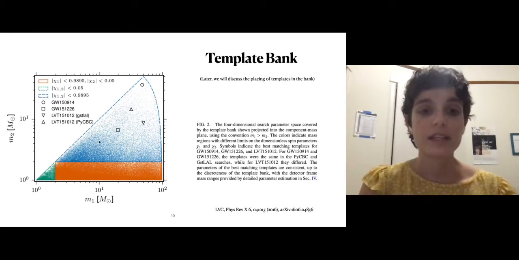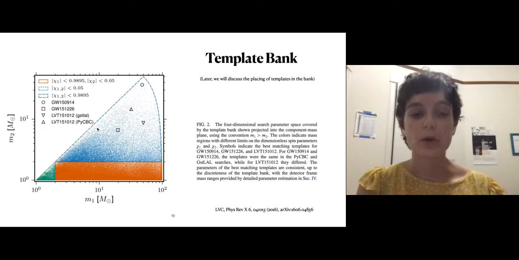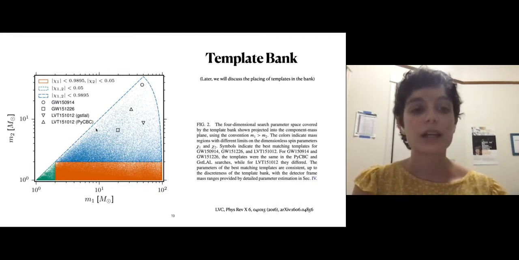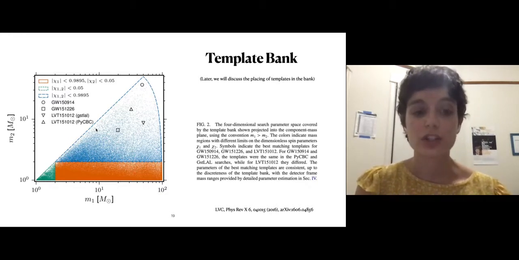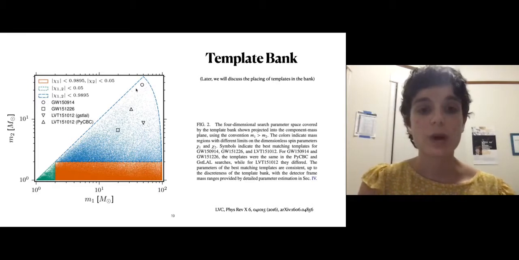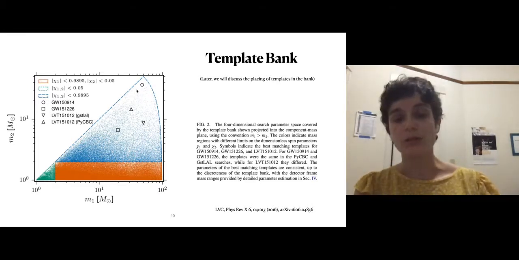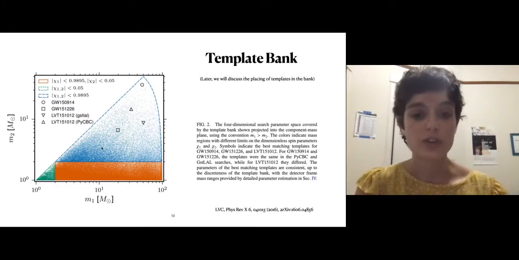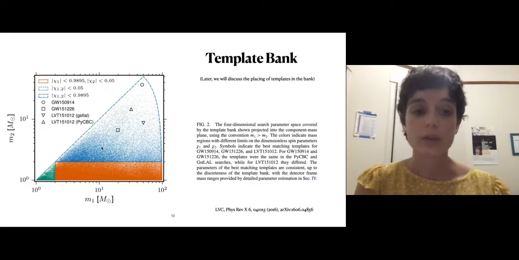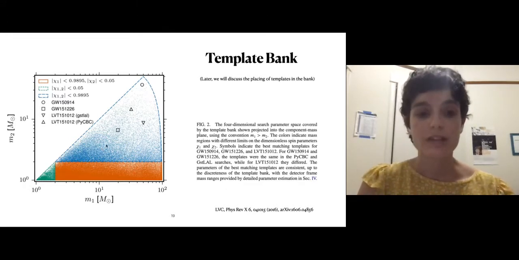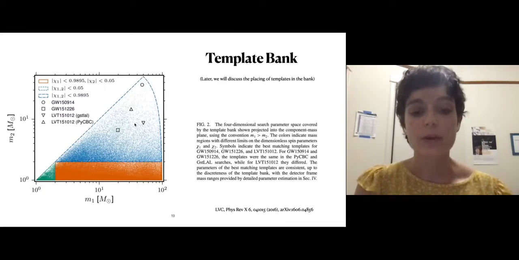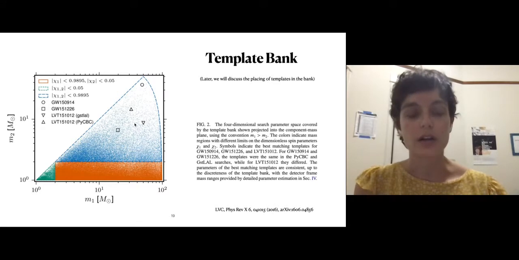So you can see here that this is an example of a template bank, which just means that each one of these points, we have calculated what the waveform should look like. So as we go to higher masses, the waveform will move to lower frequency. At lower masses, it's higher frequency. The mass ratio also affects what the waveform looks like. But essentially, we've calculated something that looks like this at each point in this parameter space. And these are our templates.